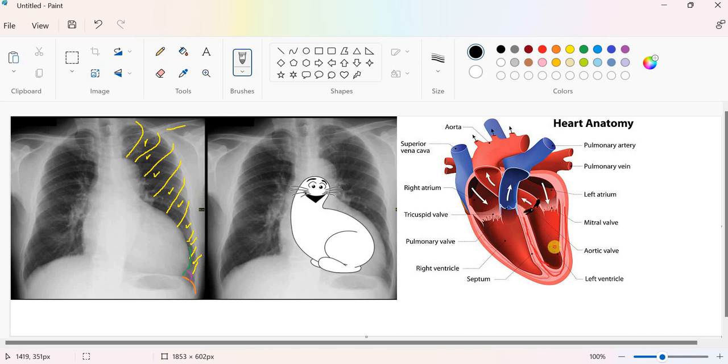So when the ventricle is pushing the blood against the closed or narrowed valve, with time this muscle will get hypertrophied, as if you are exercising or carrying weight in the gym. With time you will find your muscles getting enlarged. So this will lead to increase or widening of the shadow of the left ventricle in the chest X-ray, giving you left ventricular enlargement in the chest X-ray.